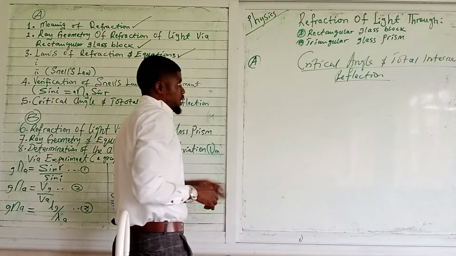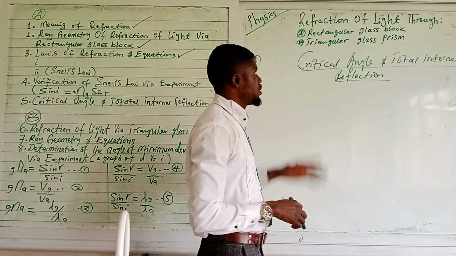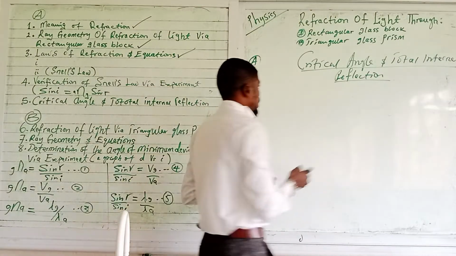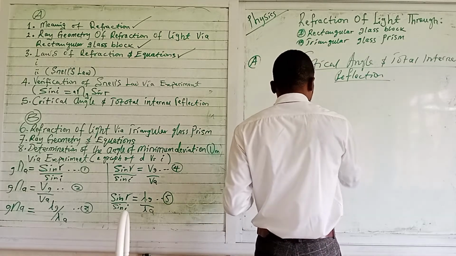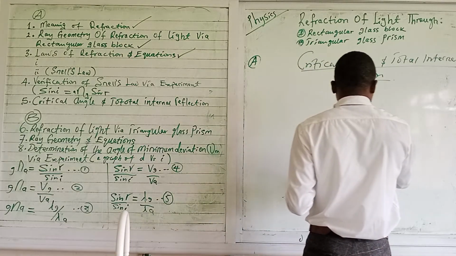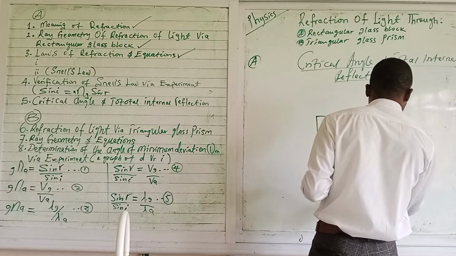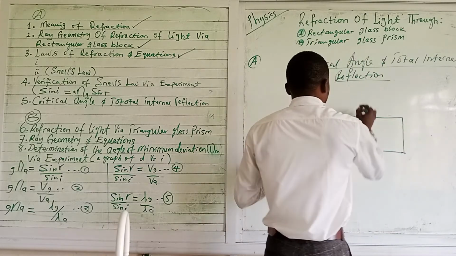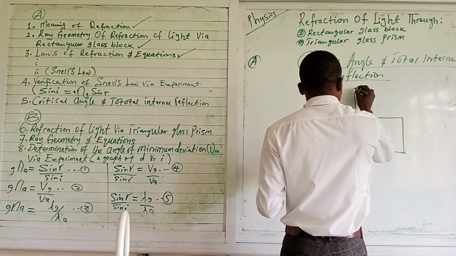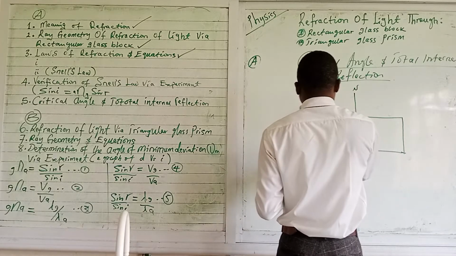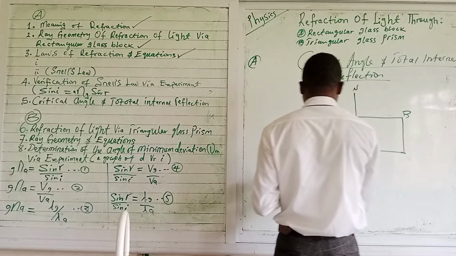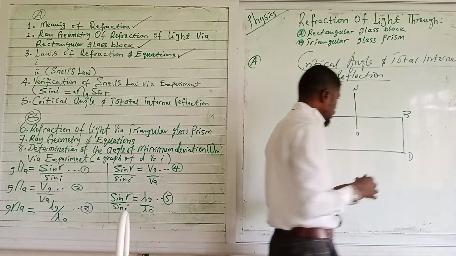I am going to use a diagram to explain the critical angle and total internal reflection. Back again to this diagram: our rectangular glass block, our normal NO, A, B, C, and T.